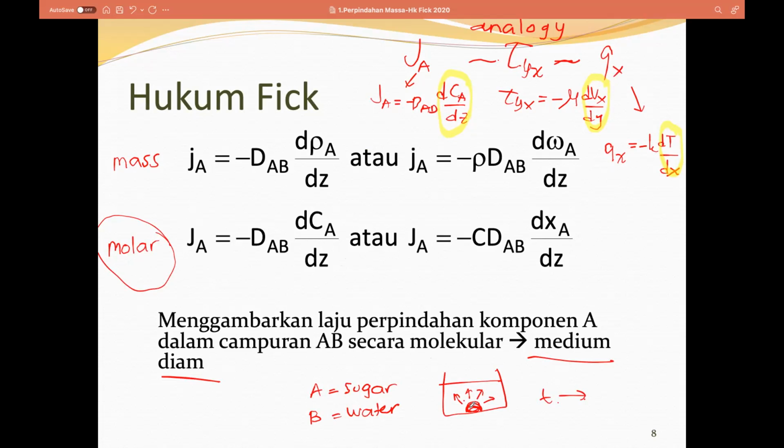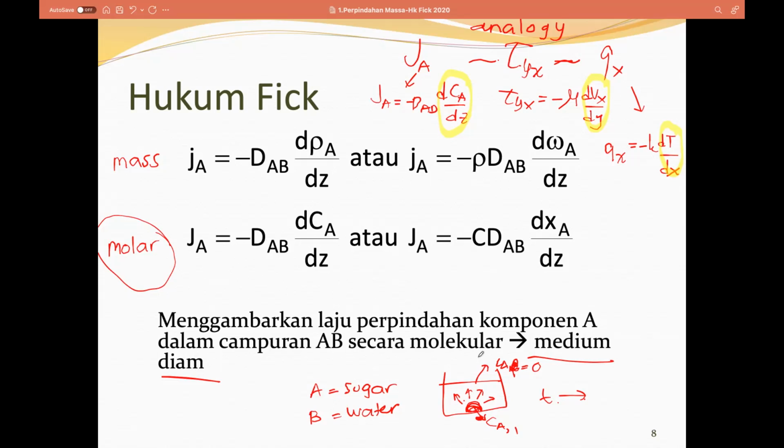The concentration of C A at point 1 is very high, and at the other end it is maybe 0, for example. Because there is a driving force, mass transfer will occur, and after a few minutes this area will also taste sweet because the sugar has transferred from here to there.